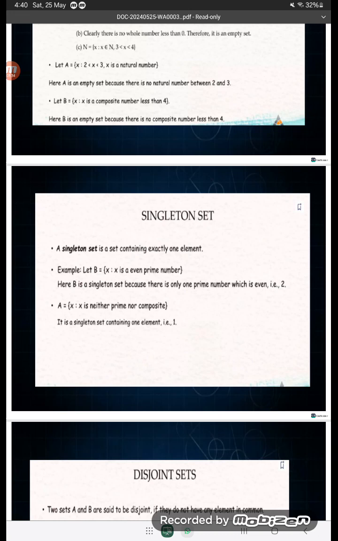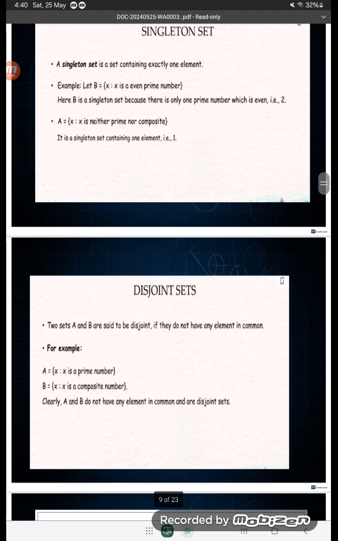If we discuss prime numbers, which start from 2, 3, 5, 7, only the number 2 is even and all the other prime numbers are odd. That means 2 is a singleton element.